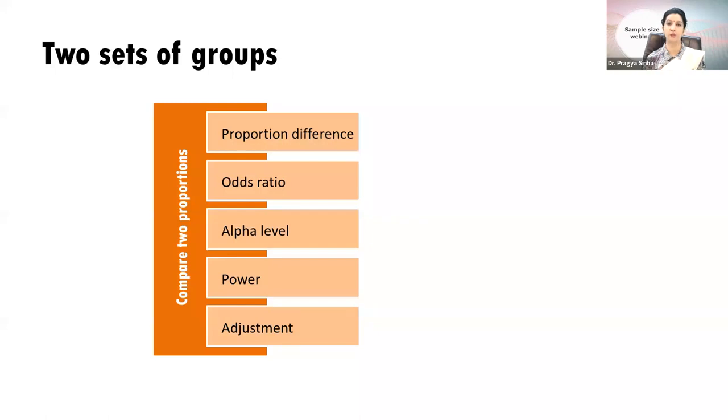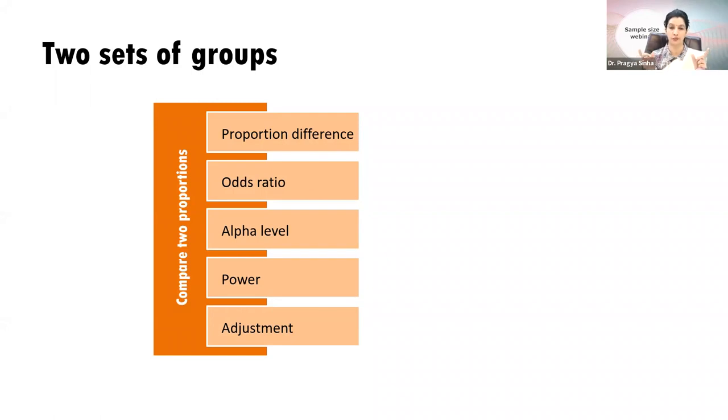Because these are the only two ways of measurement. You can have the median also, but we are not going to discuss how to determine sample size using the median, though you can do that also. Now you can compare the two proportions, because it is a randomized control trial. I hope all of you know that there will be two arms.